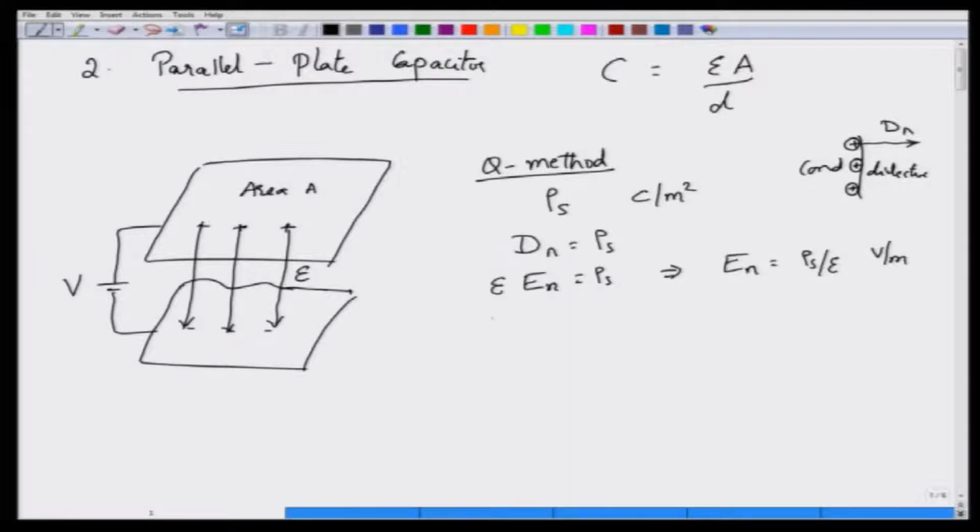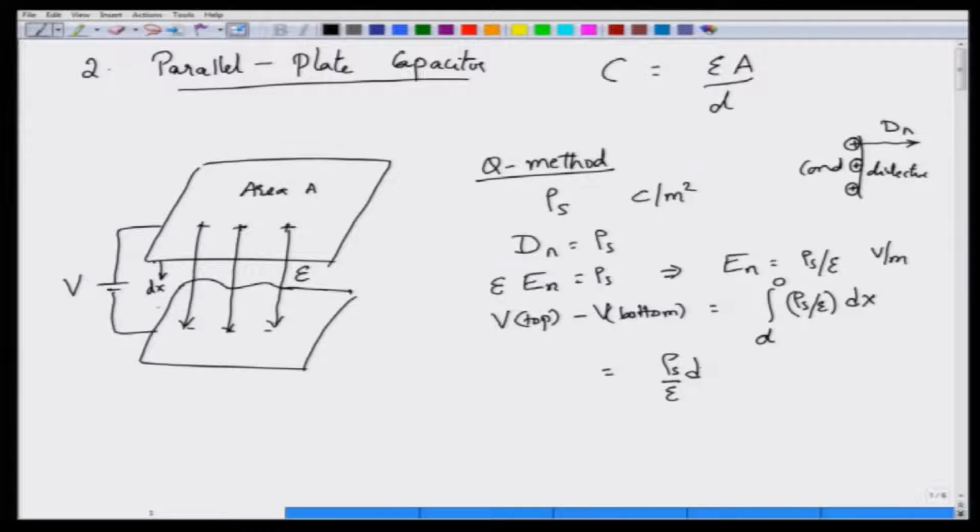Now, what is the potential difference between the top and the bottom plate? It is obtained by the line integral of the electric field, rho s by epsilon, times dx. If we call this x equal to 0 and this x equal to d, then the line integral is dx along an appropriate path, say from d to 0, and the potential difference turns out to be rho s by epsilon times d.